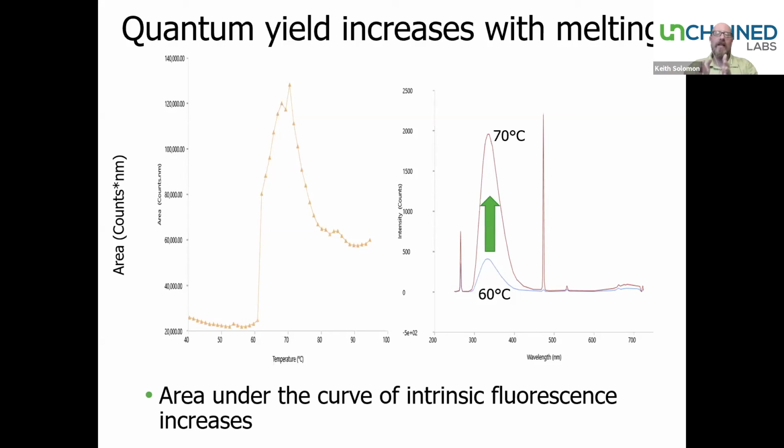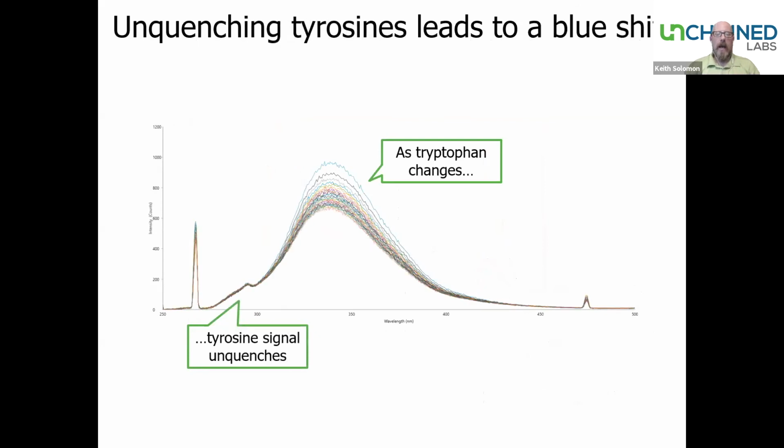This would suggest that the unquenching in this case is due to tryptophans being unquenched, because the resolved spectrum looks more rightward, more tryptophan, more centered around 350 nanometers, as opposed to tyrosine, which would be to the left of that.